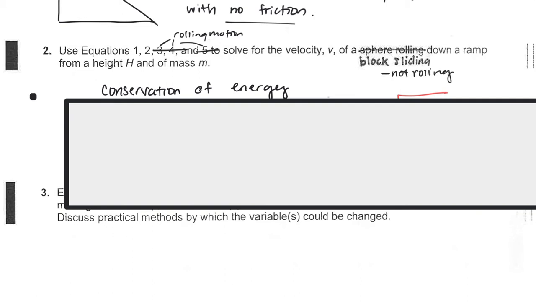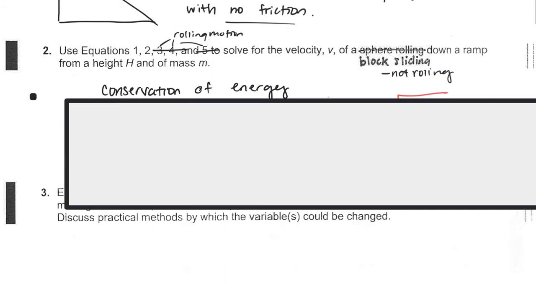Does anyone remember how to calculate the velocity of an object that starts with potential energy that turns into kinetic energy? If you were to start this, what is the first equation that you would write? Okay, before that one. A hint: it would be the conservation of energy equation.